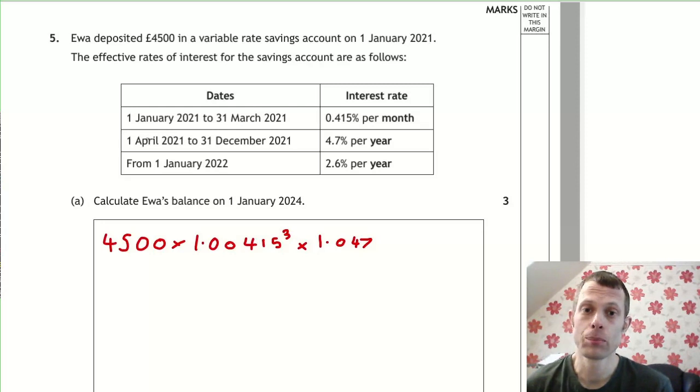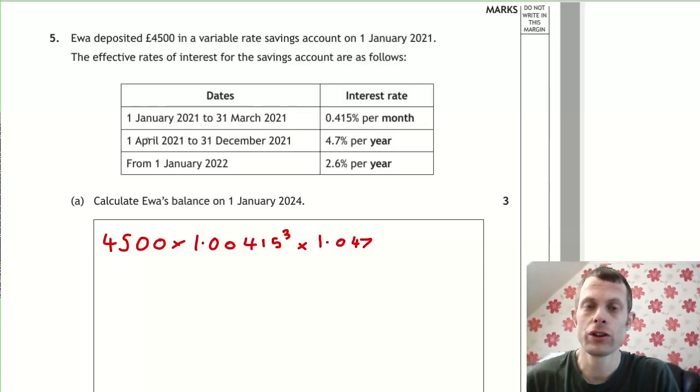So for example, the 0.415, you would say 100 plus 0.415 gives you 100.415, then divide that by 100 and you get 1.00415. And please don't guess if you need to write out the calculation.